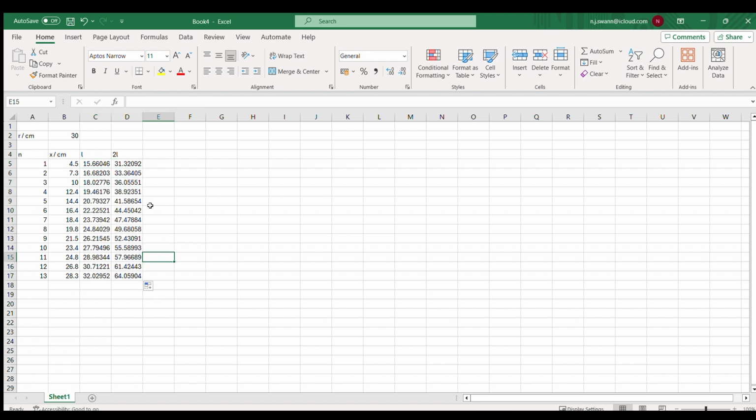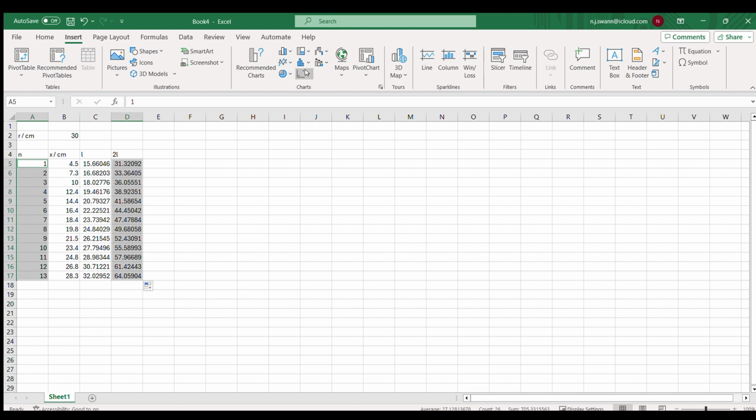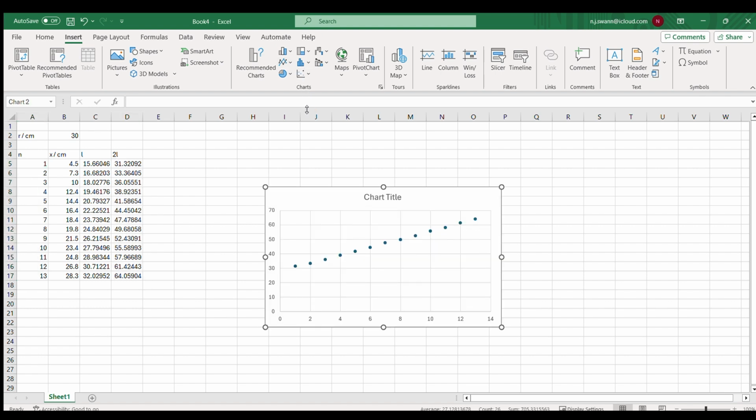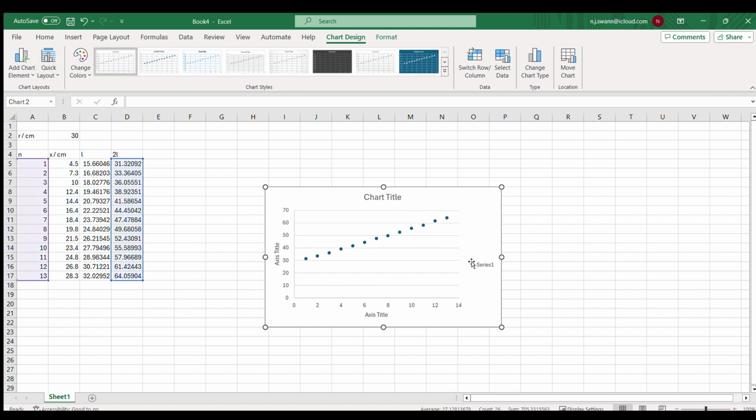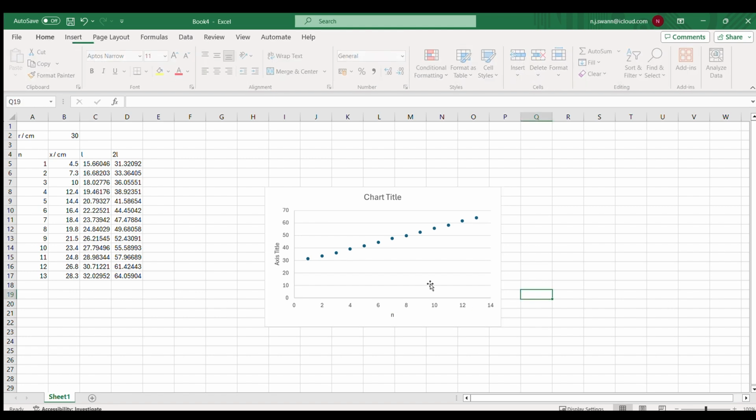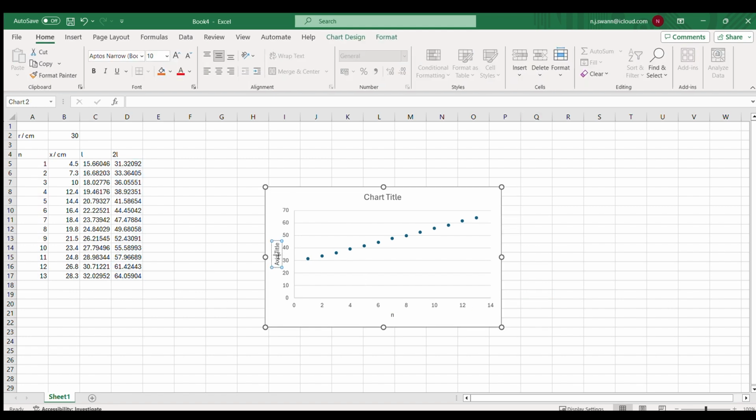Then I want to plot 2L on my y-axis against n on the x. So I'm going to highlight these columns, go to Insert, go to Scatter Graph, and there we go. Nice. Put some axis labels on there. This needs to be n, and my y-axis was 2L, and that's in centimetres.